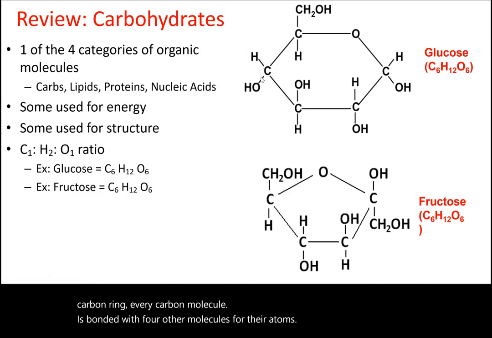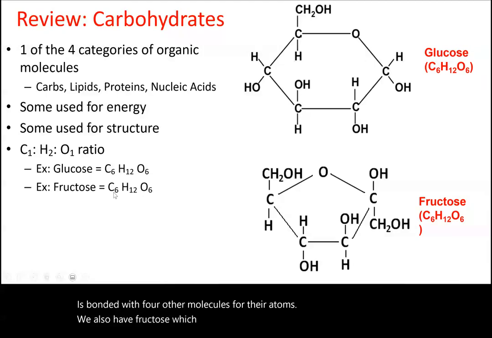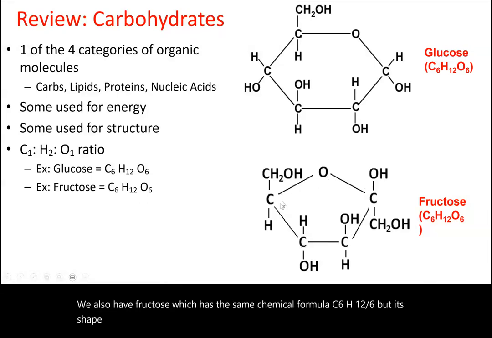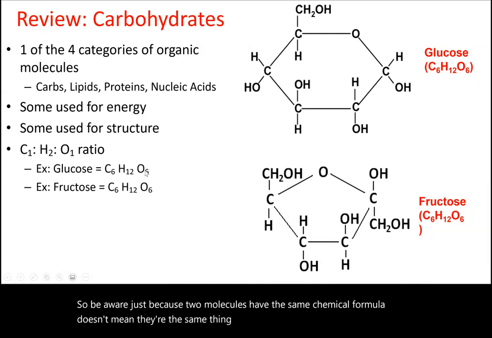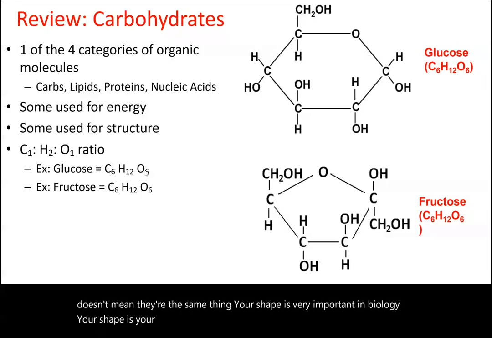We also have fructose, which has the same chemical formula, C6H12O6, but its shape is different. It's only 5-sided. So be aware, just because two molecules have the same chemical formula doesn't mean they're the same thing. Your shape is very important in biology. Your shape is your function. Your shape is your job.